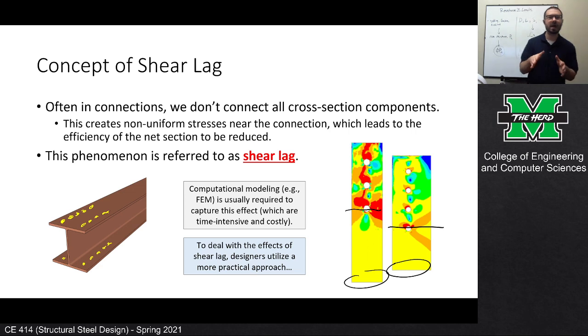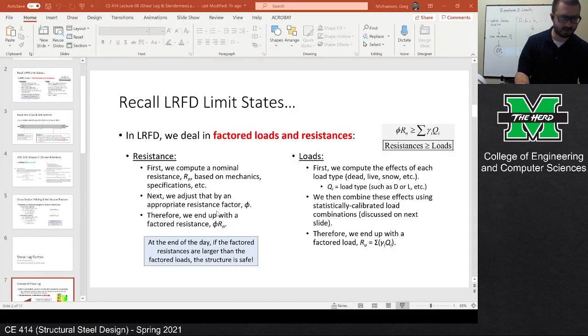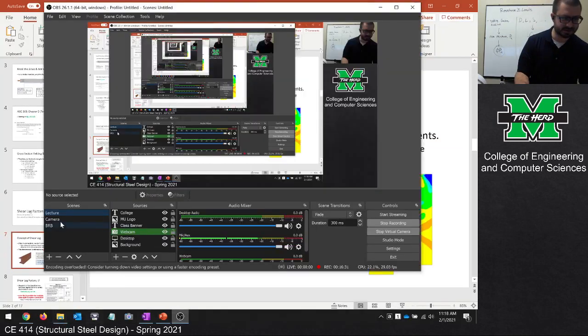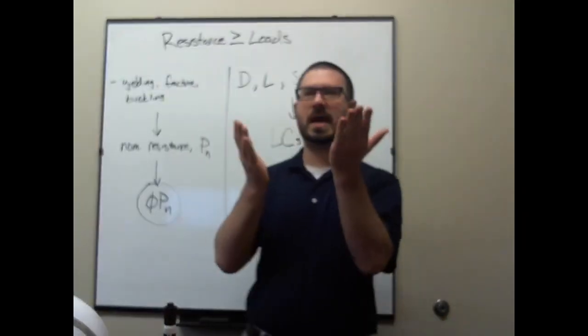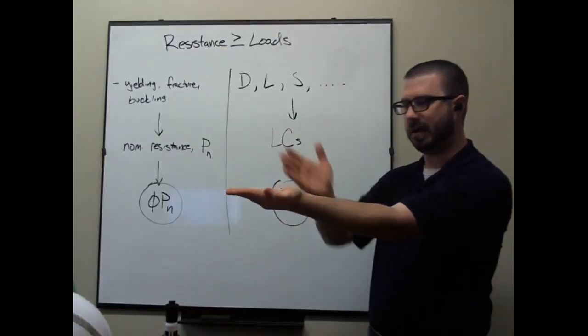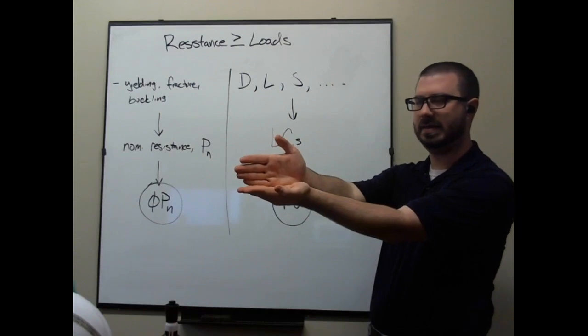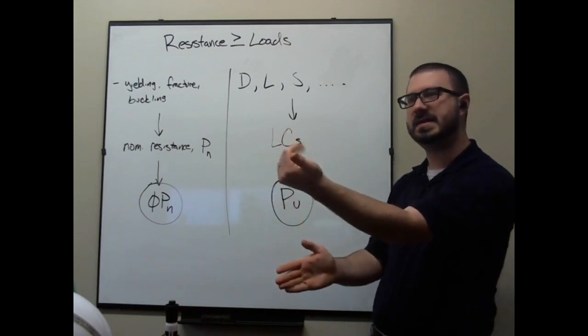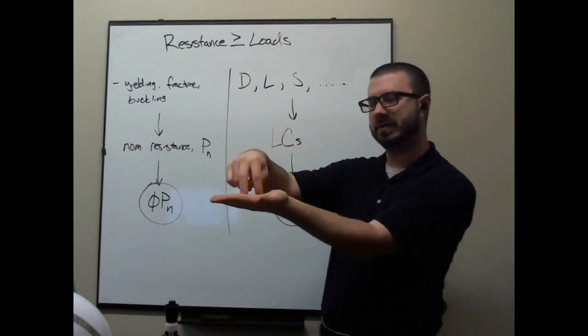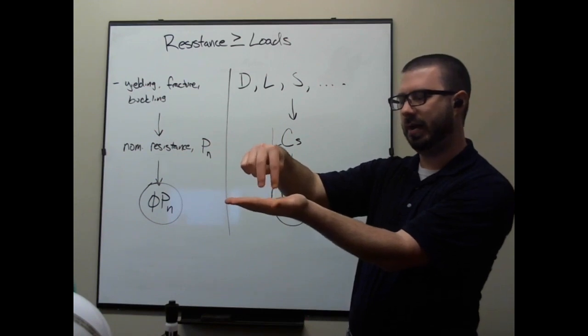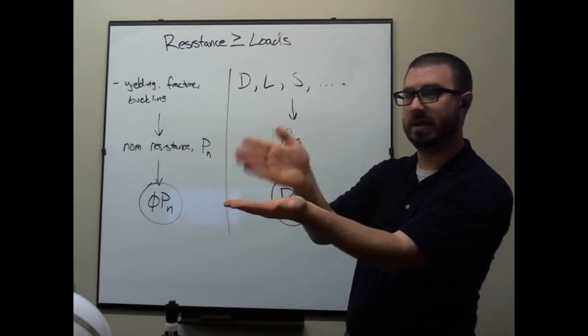the reason the phenomenon is named the way it is, let's say you have an angle. Here, I'll turn my camera off so you can see this. So there's a plate and a plate like this. Let's say this hand right here is bolted to a given element, but this one is not.